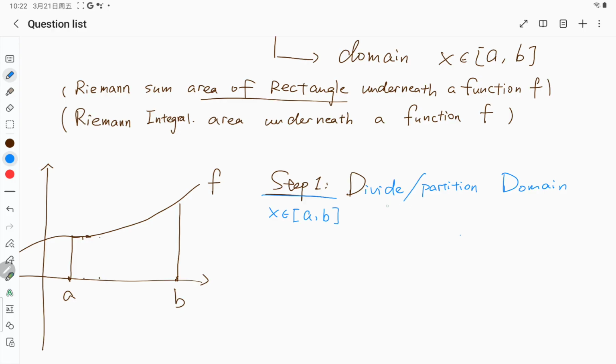Divide just means, for example, this interval is a piece of paper you have at Christmas and you want to decorate. You cut it into equal sizes of smaller pieces, smaller intervals. So we divide the domain usually, in general, into n equal subintervals.